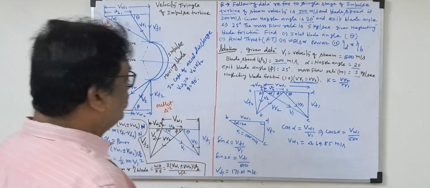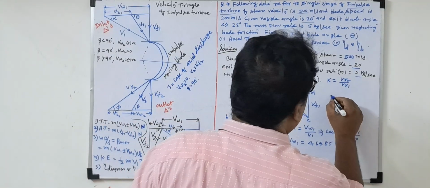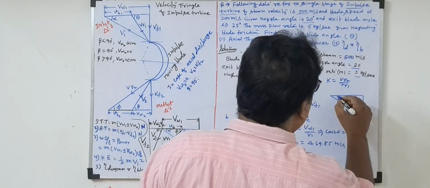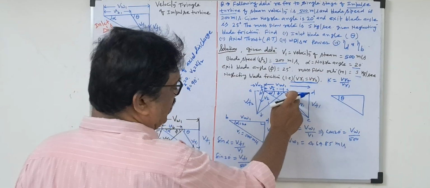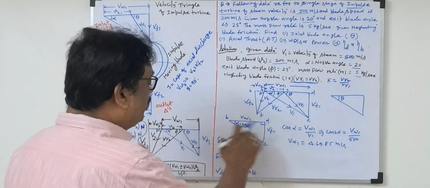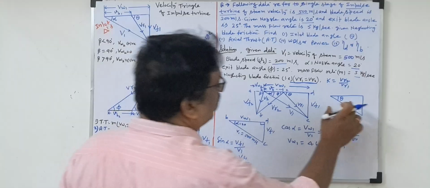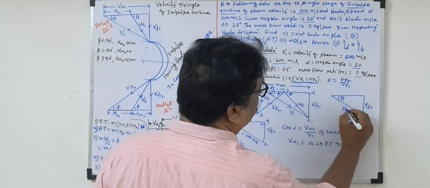Now if we see the another triangle, the theta triangle. See here, because 4 triangles we can take out: alpha triangle, theta triangle, phi triangle, beta triangle. 4 triangles are there in the velocity diagram. So theta taken. Then what is the side? This one is VF1. This is nothing but VR1.